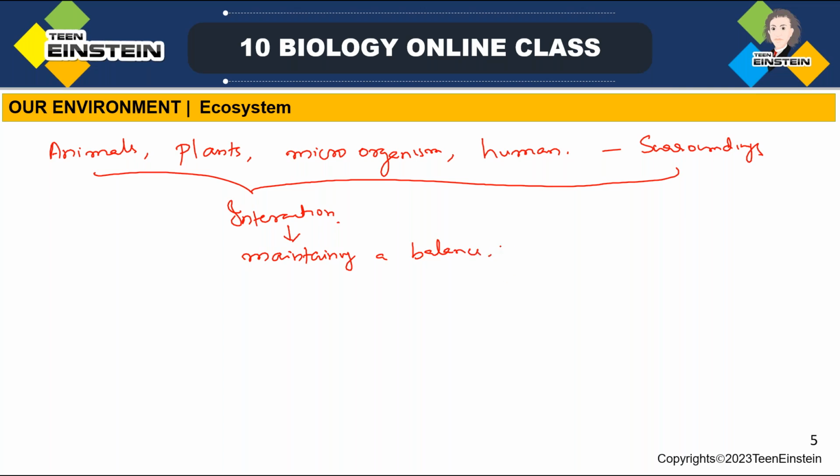So that balance is in the nature. So in nature, it is kept in a balanced way. So all the interacting organisms in an area, so many organisms are there, right?